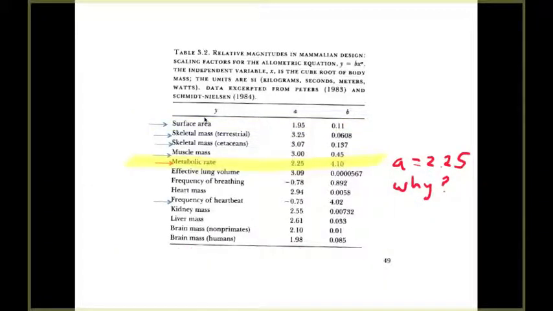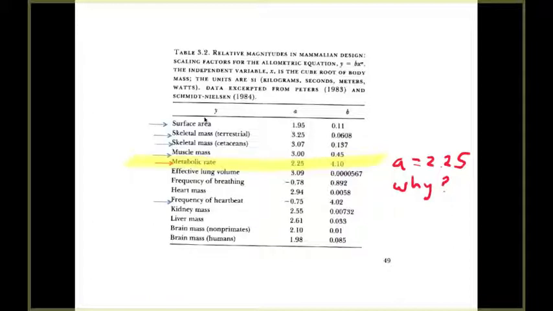Now a very interesting one, and I do have time for it, so that's cool. It's metabolic rate. We mentioned that before with the problem of the painkiller that you gave the elephant and killed it, because you gave the elephant 2,000 milligrams, and it shouldn't have. That was too much, right? That has to do with the metabolic rate. Metabolic rate scales like 2.25 with the linear dimension of the animal.